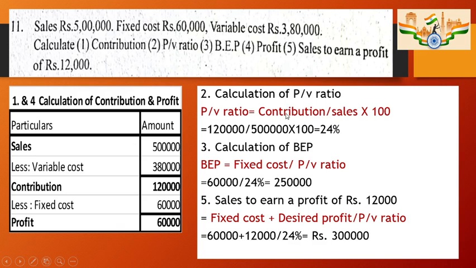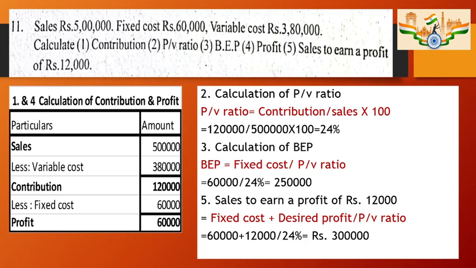For the calculation of PV ratio, you should know the formula, then only you can solve the problem, otherwise it is very difficult. So before going to the exam, if you look at the formulas that come in marginal costing once, you can easily solve the problems.